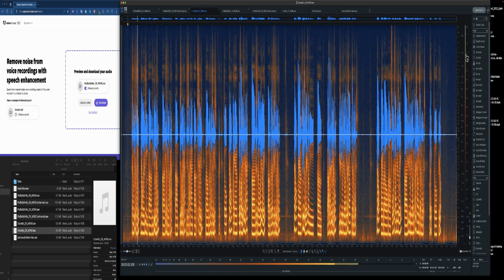Test 1 2, test 1 2. Now we're using the built-in microphone inside of the iPad. This is an older iPad. This is iPad 6th generation, about 9.7 inches. All right. So now I am a little far away from the iPad.